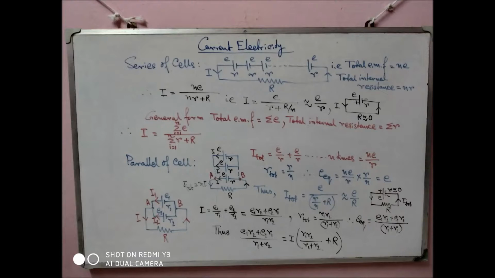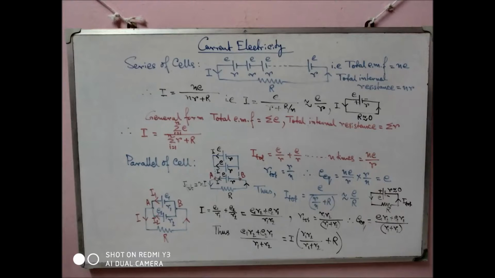Now come to parallel combination of cells. Again, we have considered a number of cells in parallel having the same EMF and same internal resistance, and that is also connected to an external resistance big R. The two terminals of all the cells are A and B. Terminals are the same, A and B, because we know the parallel circuit is a current divider, but EMF or potential difference is the same.